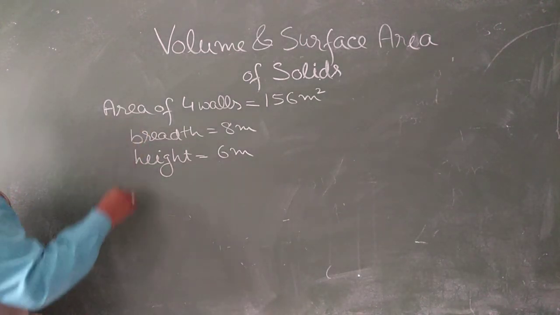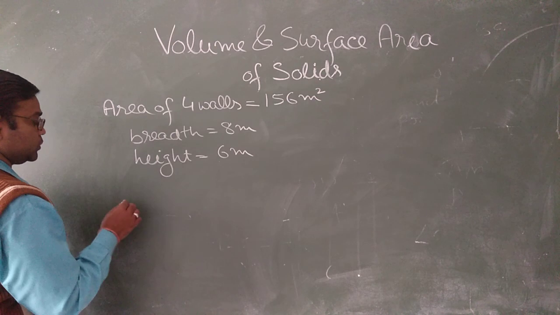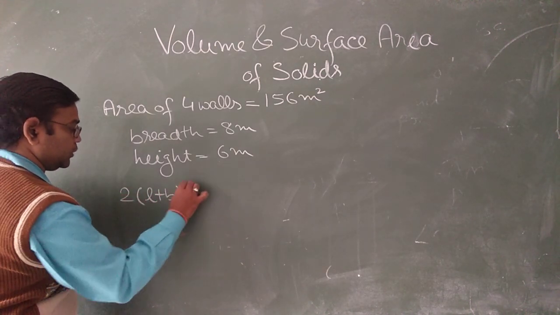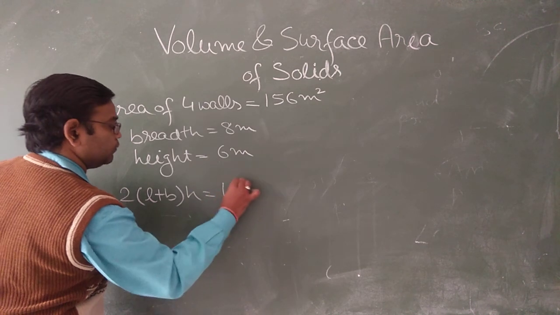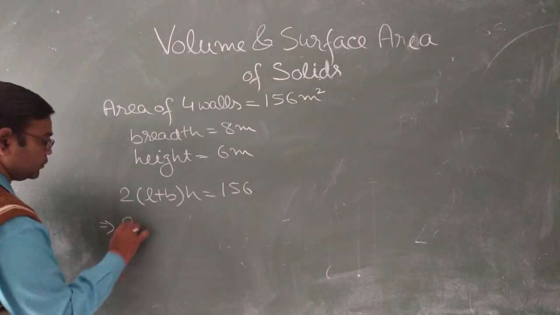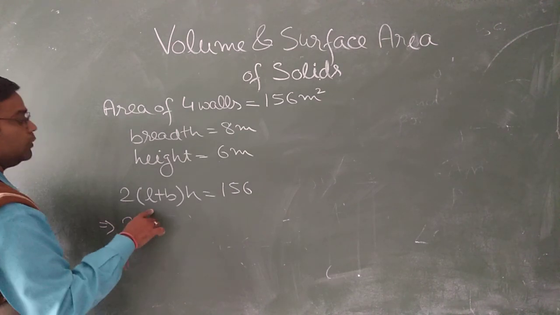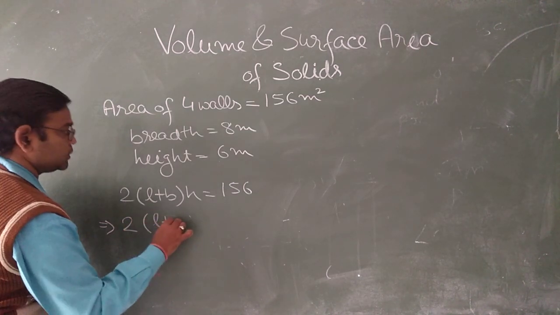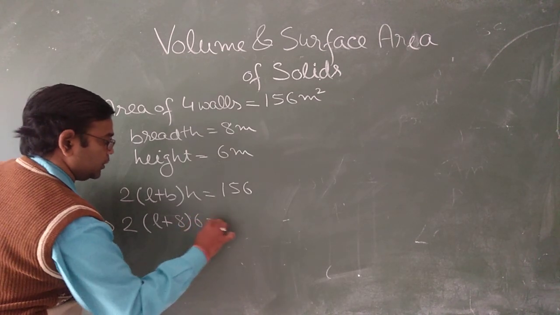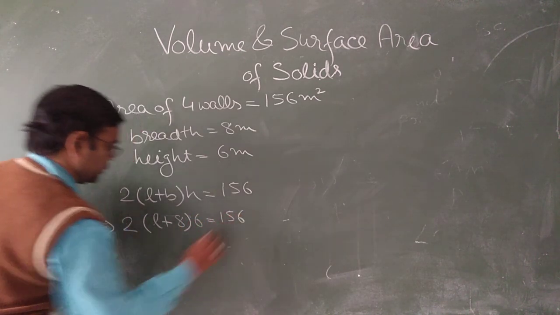As we know, the area of 4 walls of a room is 2 into (L plus B) into H equals 156. Place the values. The value of length is not known by us, breadth is known, 8, into height 6, equals 156.